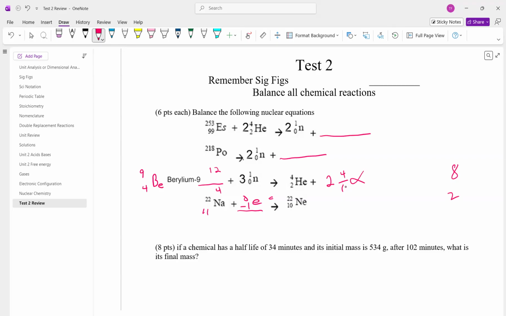Well, we don't have a particle that's 8 over 2. We do have one that's 4 over 1, which is a multiple of 8 over 2. That's why we can have 2 of them. So 2 times 4 is 8. 2 times 1 is 2. Okay, that makes sense?